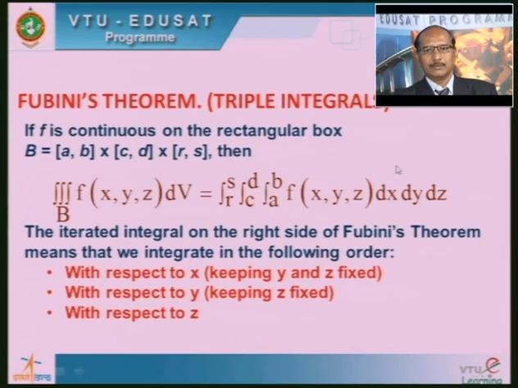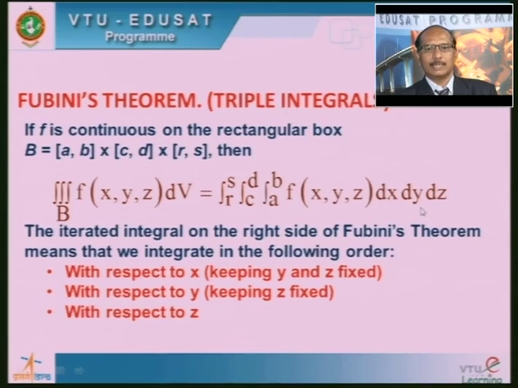The second is x, z, y. Then, changing to first y, there is y, x, z, and y, z, x, and so on. In total you will get 6 combinations, all of them giving the same value.